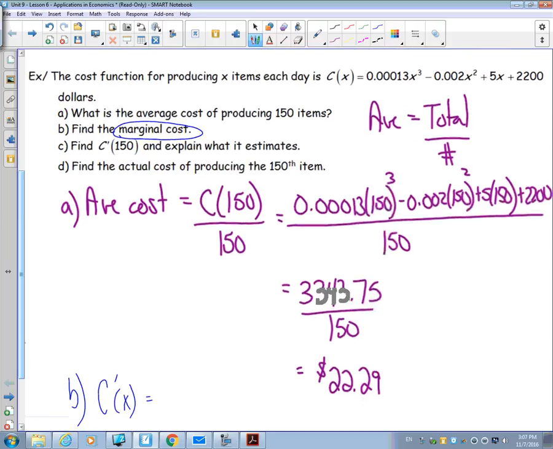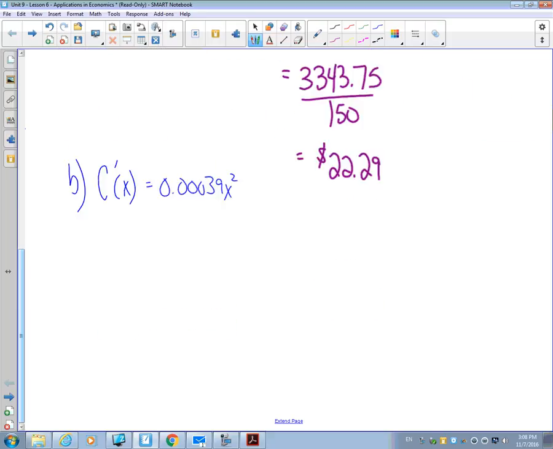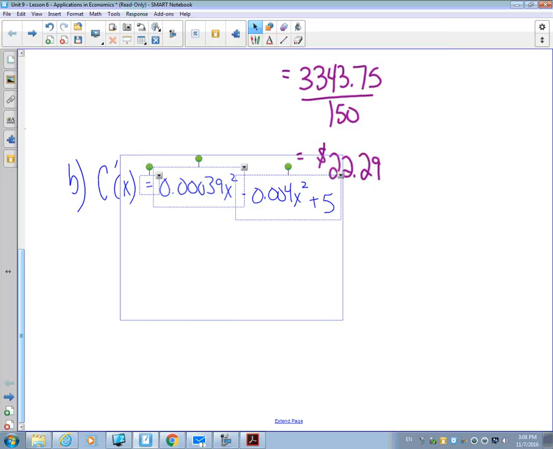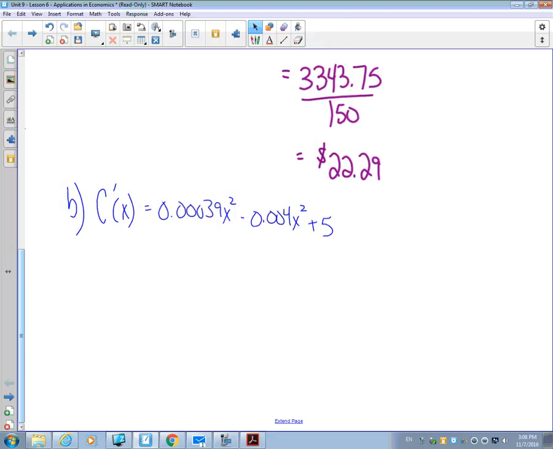So 0.00013 times 3 will give us 0.00039x squared. And we do the next one, we should get minus 0.004x, and plus 5. This whole expression is called our marginal cost equation: the rate of change of the cost of producing items.